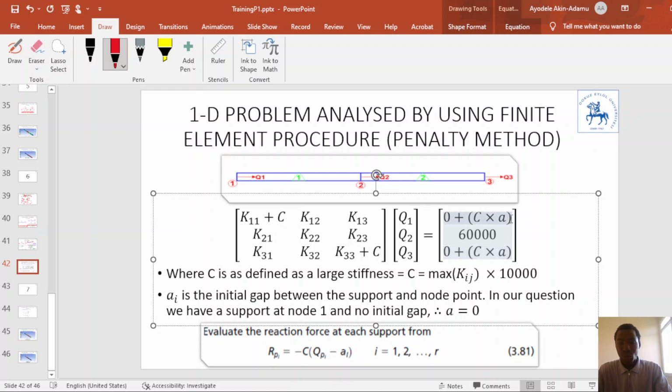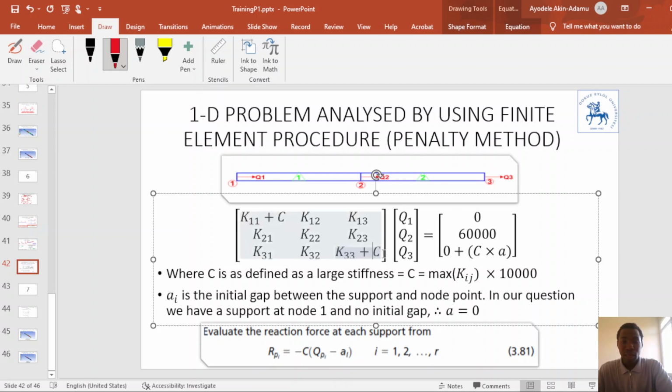At node 1, actually, this will not be there because we don't have a gap problem at that point. So this is the matrix equation which we can use to determine our displacement vector Q1, Q2, Q3.